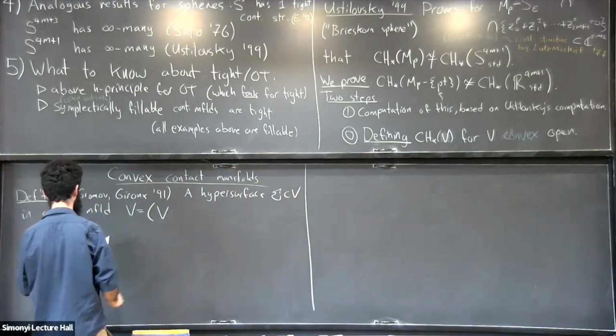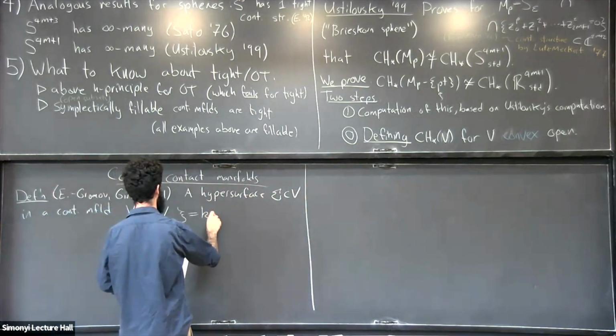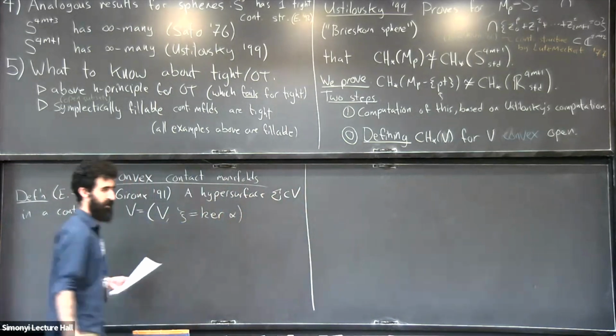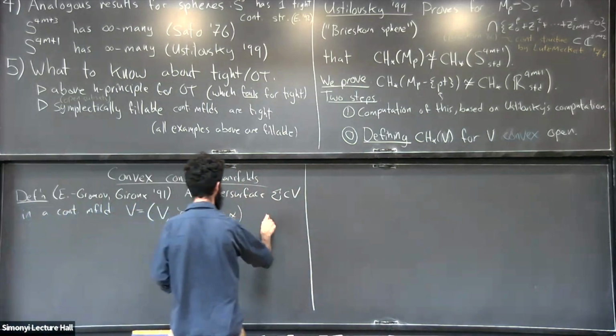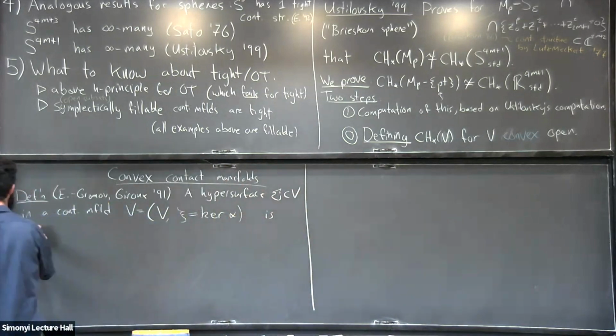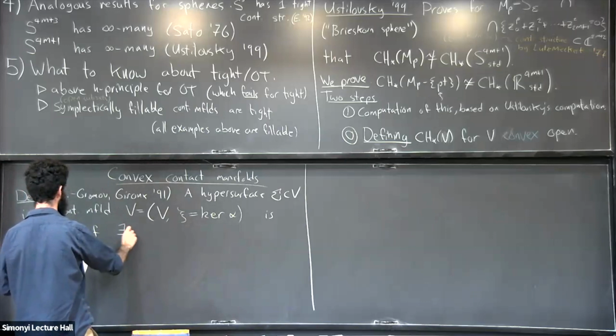I'll write (V, xi) for the contact structure, and I'll always be assuming that contact manifolds are co-orientable, although for this definition it's not needed. So a hypersurface is convex if it admits a transverse contact vector field.